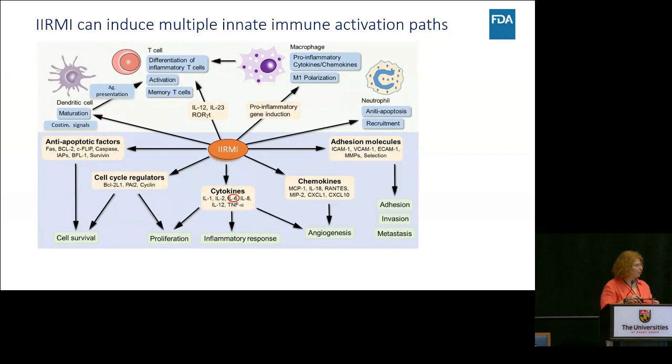If you have an RMI and you're only looking at IL-6, you're ignoring all these other activities, right? IL-6 is only present here, but all these other activities are being ignored. The idea is that because we're looking for impurities that we don't know what they could be, the idea is to monitor the different aspects of the innate immune system so as to understand whether any of those are being disrupted.